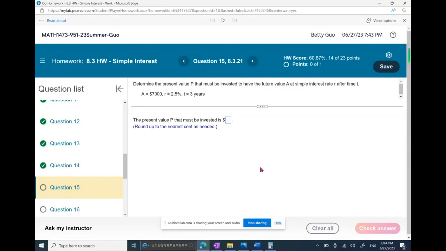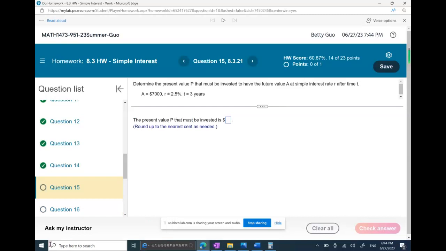We need a present value for 3 years. A equals... this is not convenient, so let's use algebra.